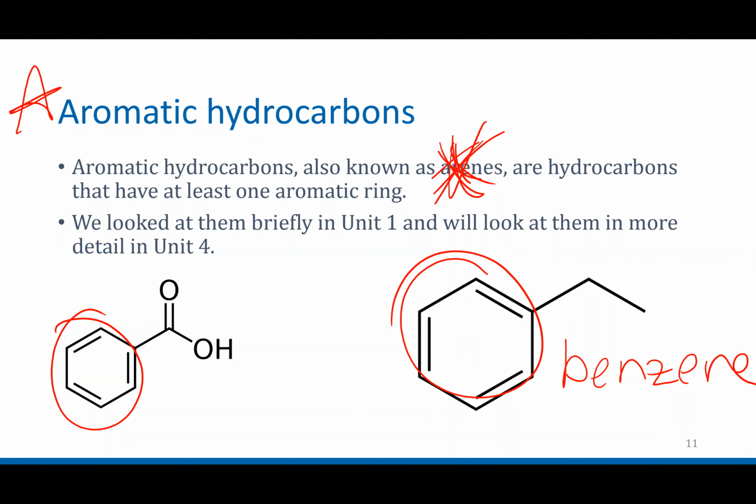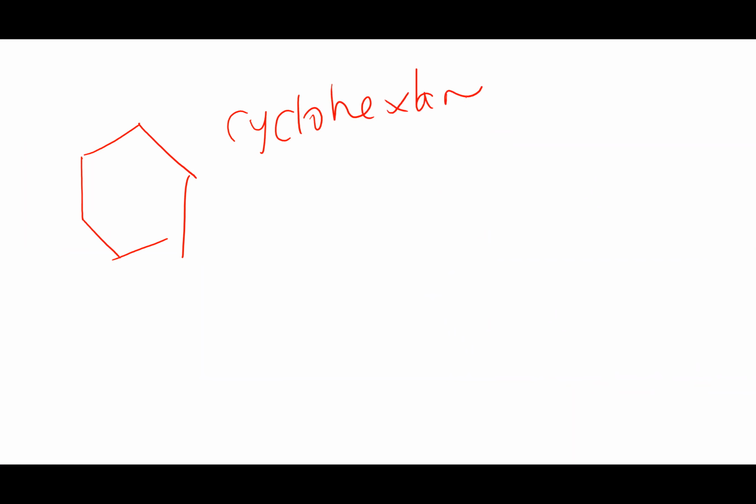So what the heck is an aromatic ring, right? And this is really, really important for you guys. An aromatic ring. So like I can have this chemical. Sorry about my pen. This is called cyclohexane.